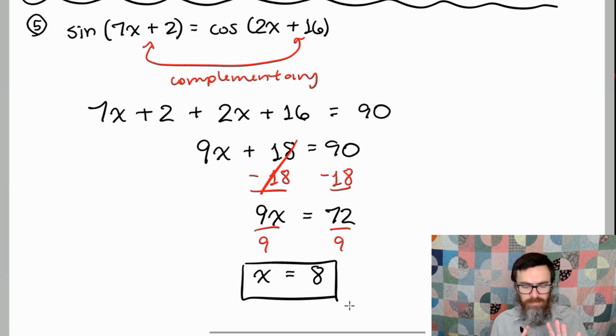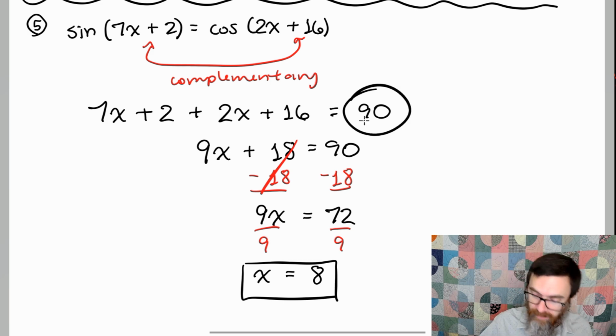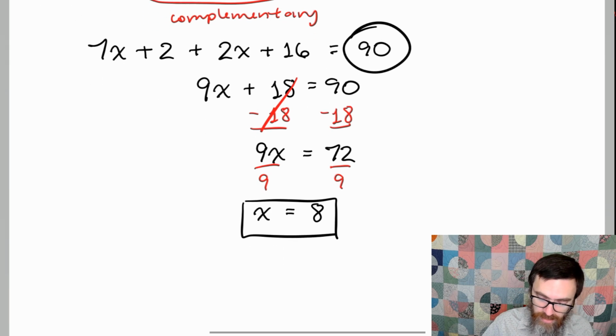Now, I do want you to know that if this said sine equals sine, the way that sine would equal sine is if the expressions on the inside are the same. But here, when could sine equal cosine? Well, that's when the angle measures inside are complementary, meaning they add up to give me 90. All right, so let's do another one.